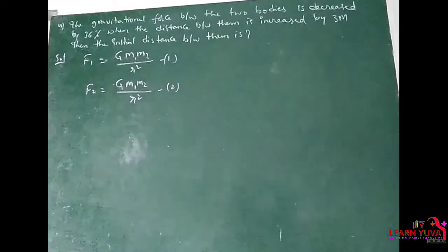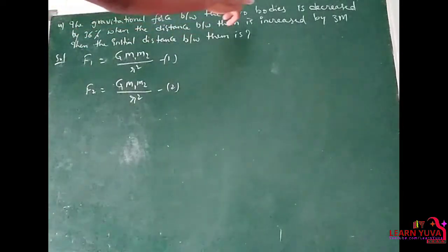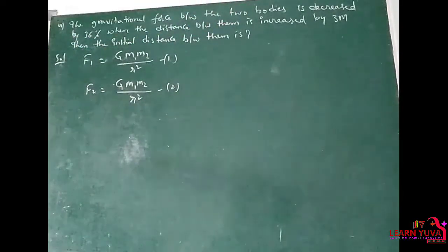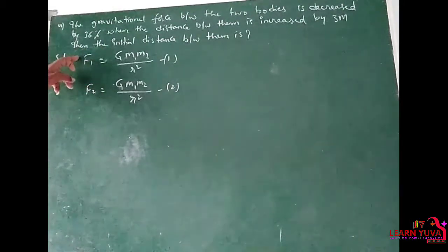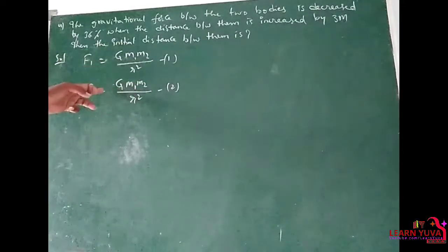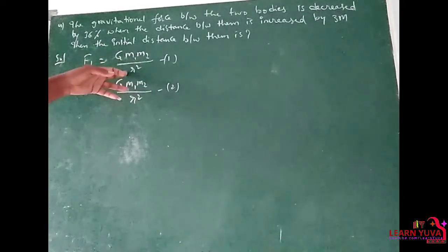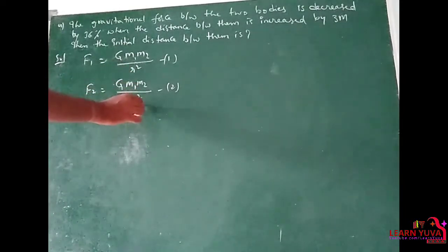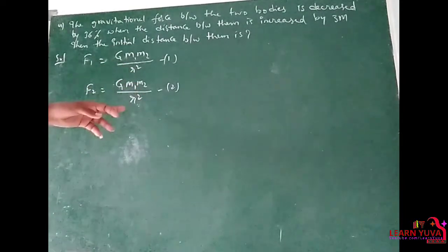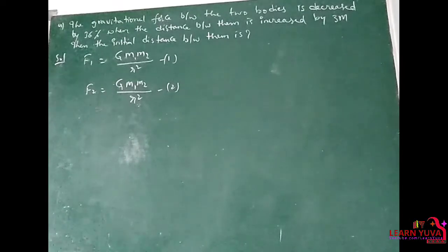Right? So here the gravitational force between the two bodies is decreased by 36%. Here the change is in the gravitational force only, there is no other change, and after that the distance between them is increased by 3 meters. So in the second case the distance between them is increased by 3 meters.